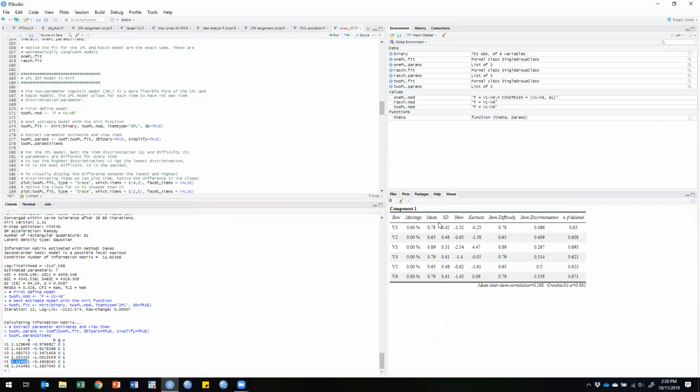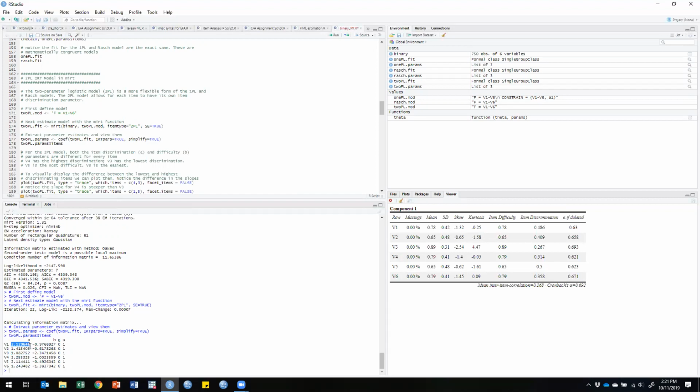Is that what we found? Let's see, 4 was the most discriminating, 3 was the least. Oh yeah, 4 here's the most discriminating. Yep, and 3 is the least. So we still find the same information. Remember, they're just interpreted slightly differently.